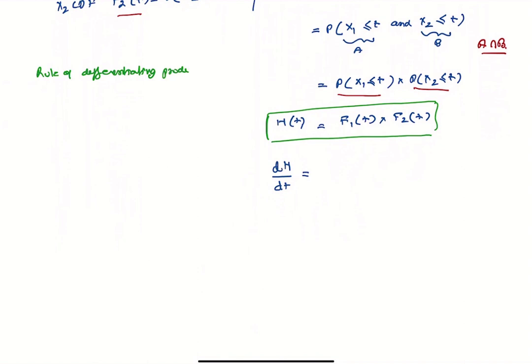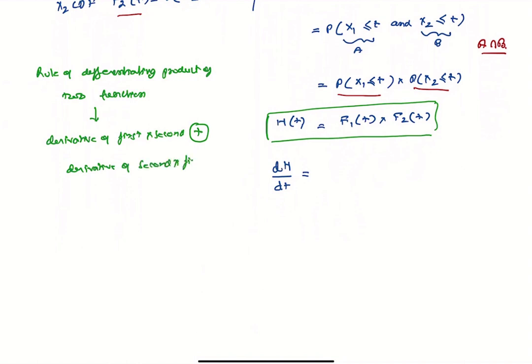The rule of differentiating a product of two functions is that you take the derivative of the first times the second, plus the derivative of the second times the first.